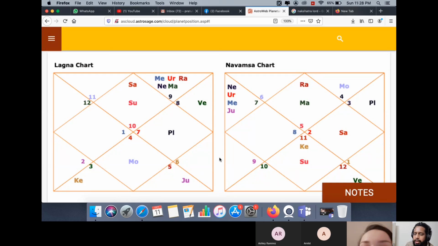And Mars always represents the kind of music which is very rock, very energetic.